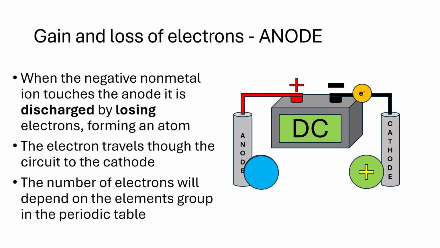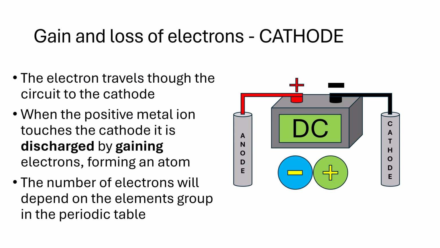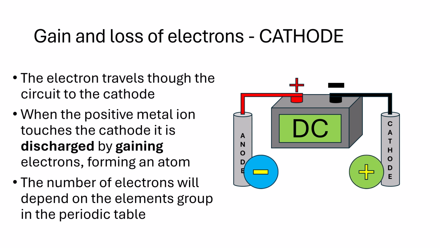And remember, the loss of electrons is oxidation, so the negative ion gets oxidized, and those electrons are sent off around the circuit to the cathode. When we get to the cathode, the electrons travel all the way to the cathode, and the positive ion, when it touches the cathode, it accepts those electrons, so the positive ion is reduced.